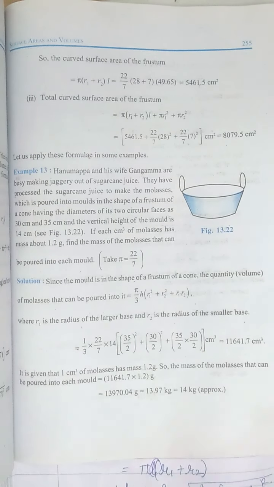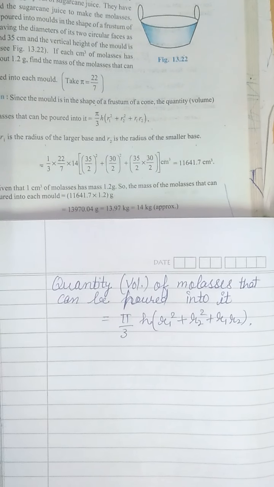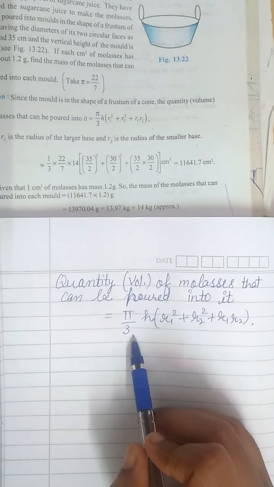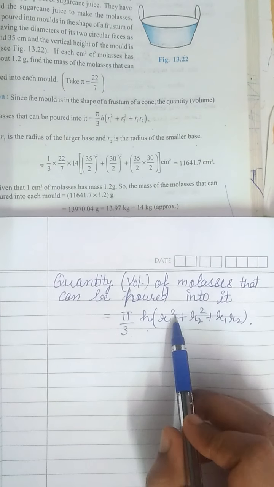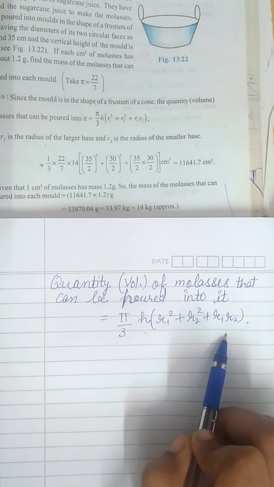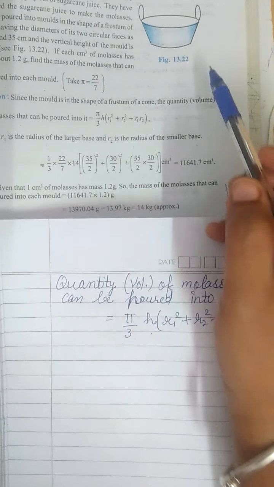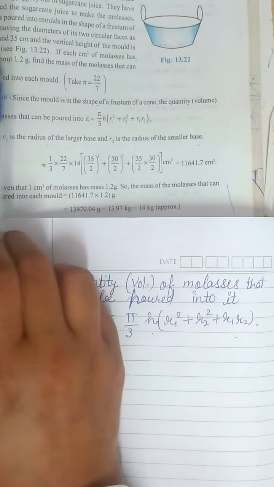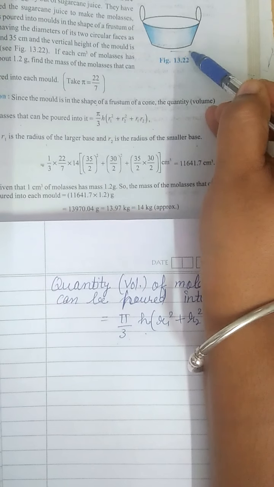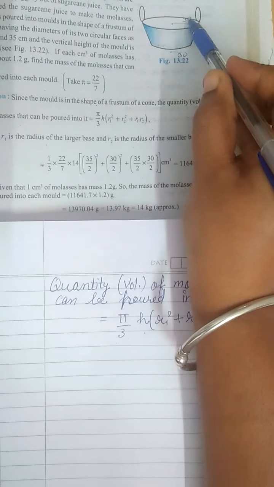So the quantity, meaning the volume of molasses that can be poured into it, is equal to pi by 3 h (r1 square plus r2 square plus r1 into r2). Now r1 and r2 are given. As you see, 30 and 35, so we take the smaller radius as 30 and the larger radius as 35.